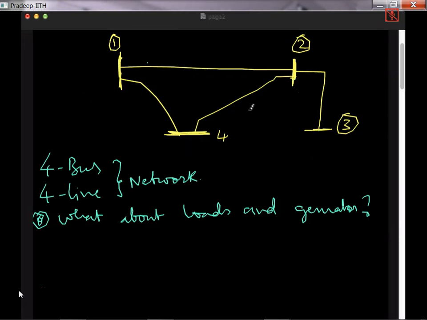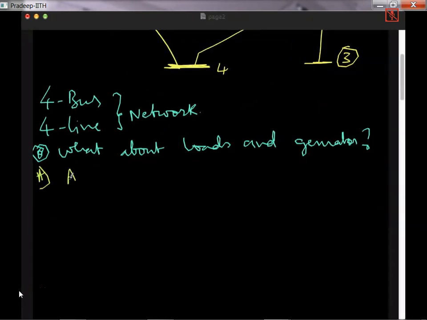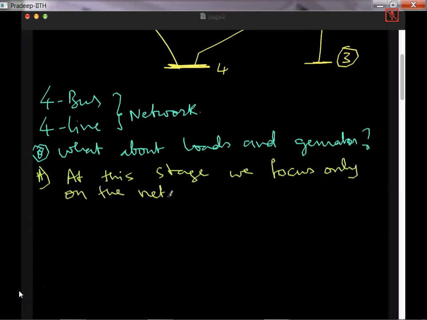So what I'll write here is that at this stage, we focus only on the network and do not worry about external connections.